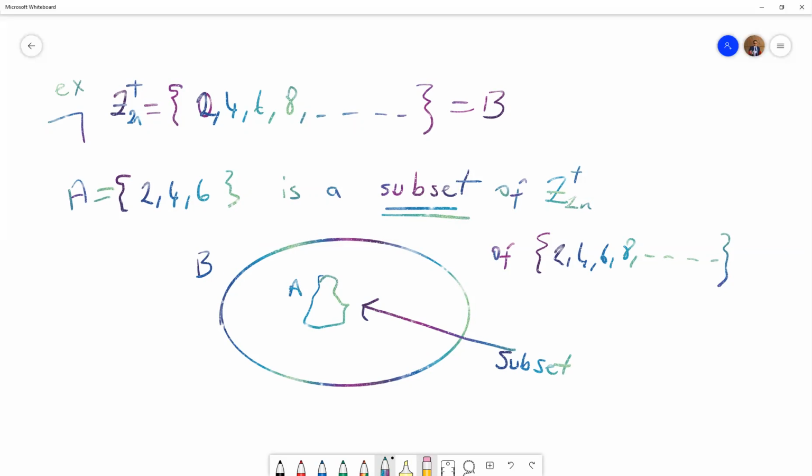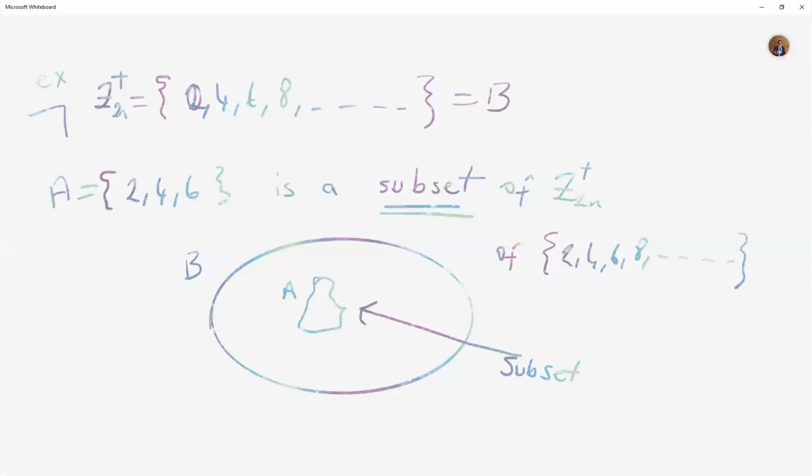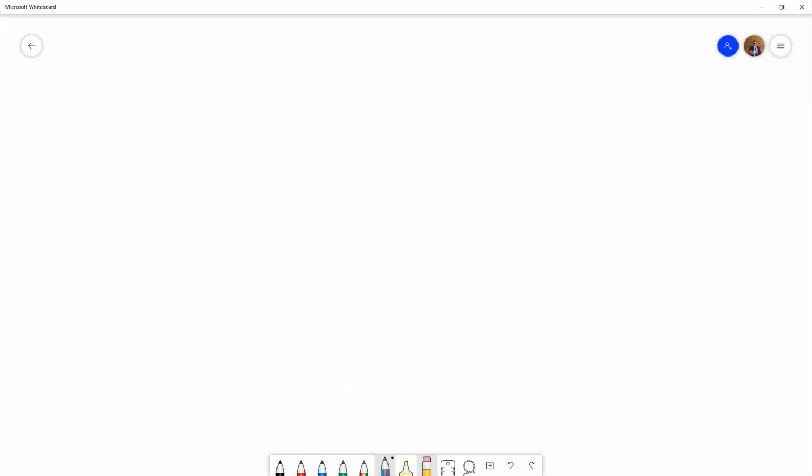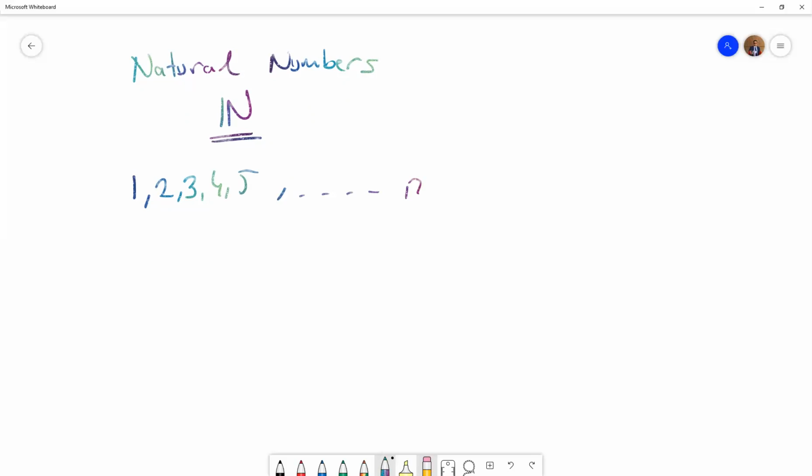Now another page. Let's go with natural numbers. We show natural numbers with N, and it's starting with 1, 2, 3, 4, 5, whatever, and we show N in general.